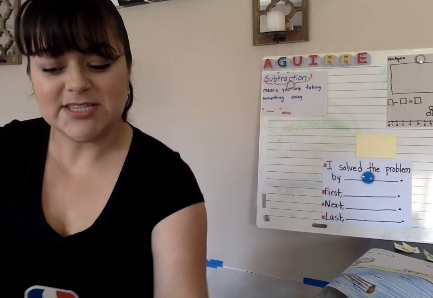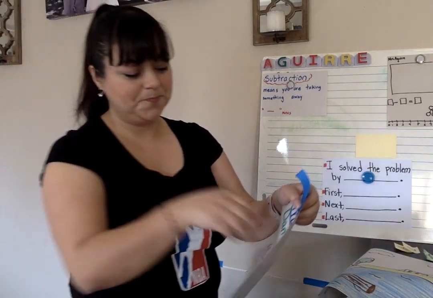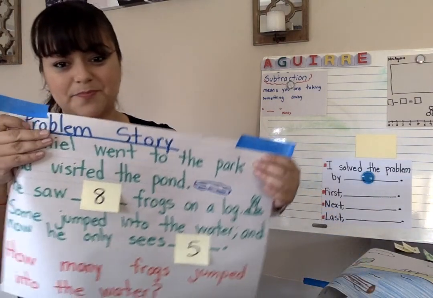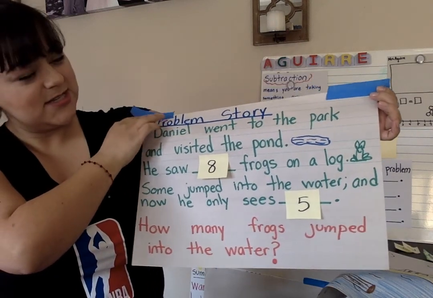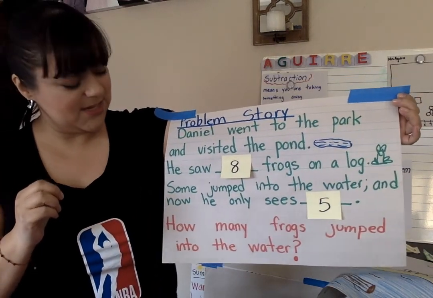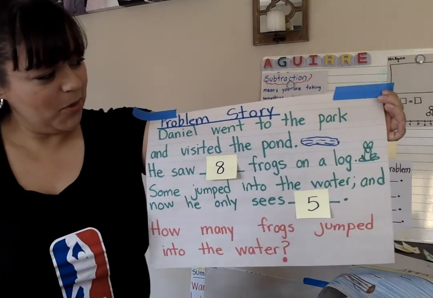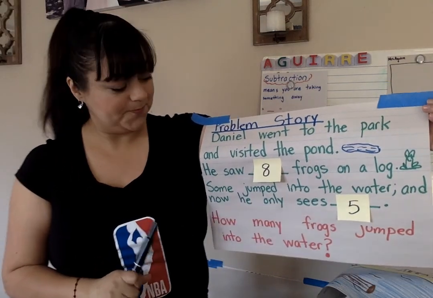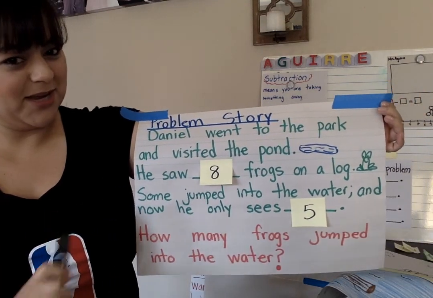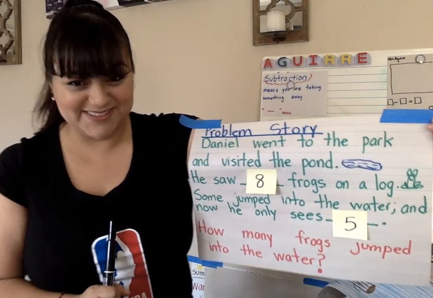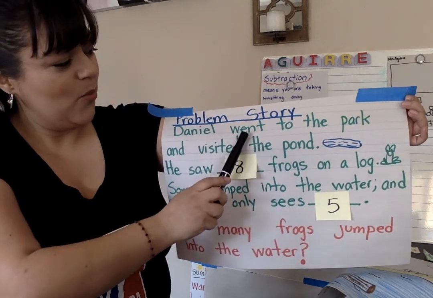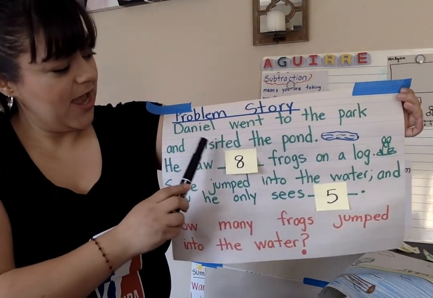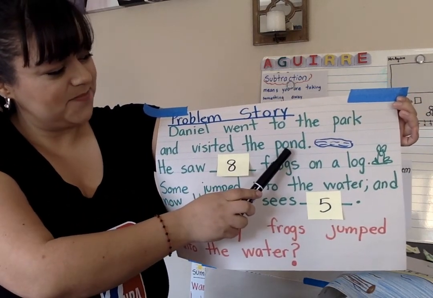So today's problem story is about someone in our class visiting the park. So let's read it. Hope you can see that. I know, I'm being creative, guys, so I can come close. Daniel went to the park and visited the pond.